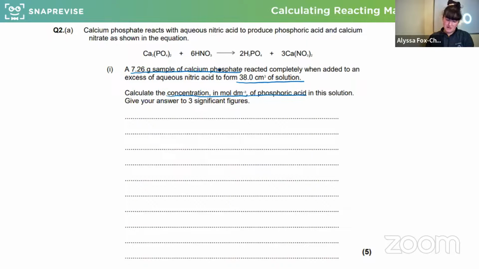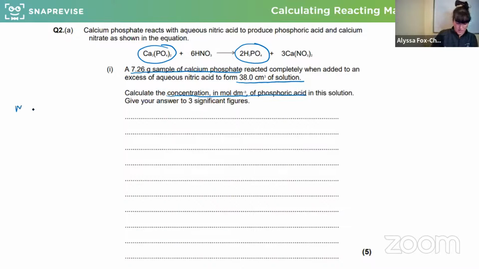So I've got an amount of calcium phosphate and it wants the concentration of phosphoric acid that's produced. I'm looking to find the amount of phosphoric acid. Well, first of all, let's see if we can work out the number of moles of something. We've got a mass of calcium phosphate.